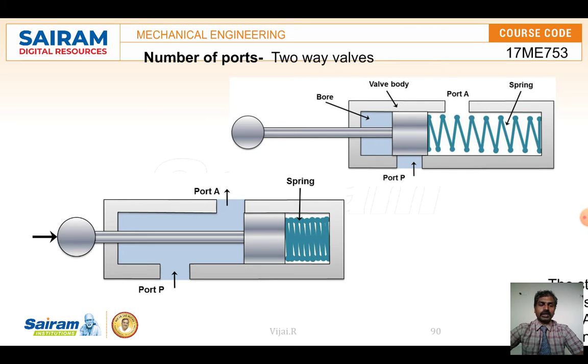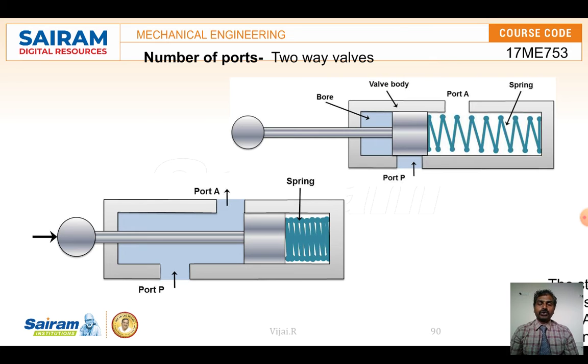At the right side you can see a spring maintaining the pressure, so that if you press the lever on the left side, we have a lever. This can be operated manually or by other mechanical actuation systems, no issues.